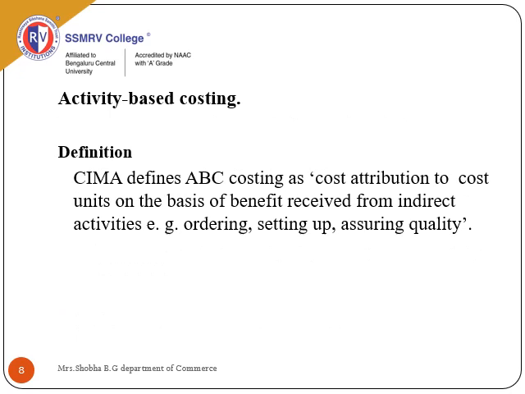Definition of ABC. CIMA defines ABC costing as cost attribution to cost units on the basis of benefit received from indirect activities, that is ordering, setting up, assuring quality. So according to this definition, the cost should be attributed or allocated to the cost unit only on the basis of the benefit that we receive from that activity.